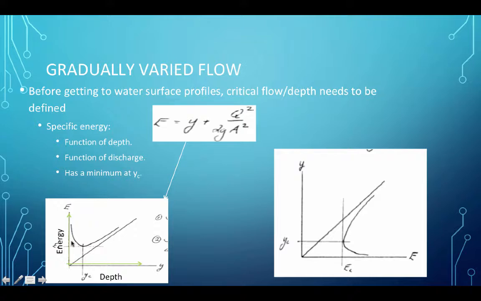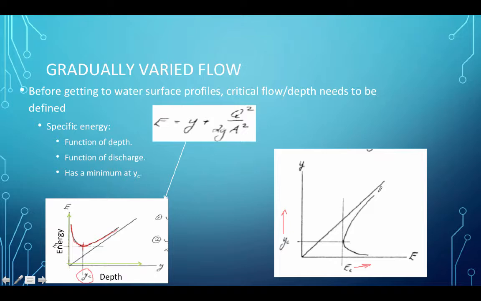In this diagram here, the minimum of the specific energy curve occurs at this depth called y critical. If we rotate the curve 90 degrees in a more conventional way of expressing it, energy is plotted on the left-right, depth on the up-down.